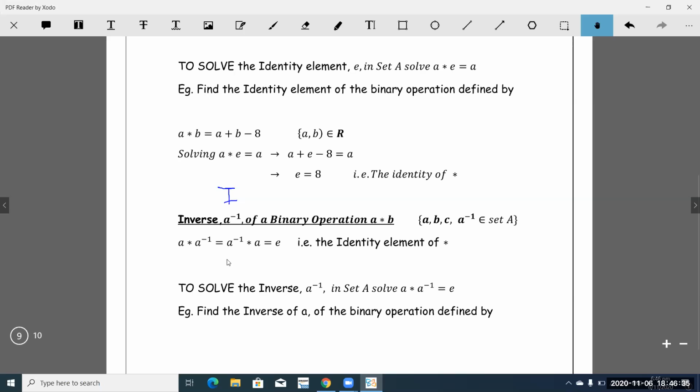So in order to find the inverse, we solve the equation A star A to the minus 1 equal E, and this A to the minus 1 is the inverse. You can call it I if you want. Any letter suffices.